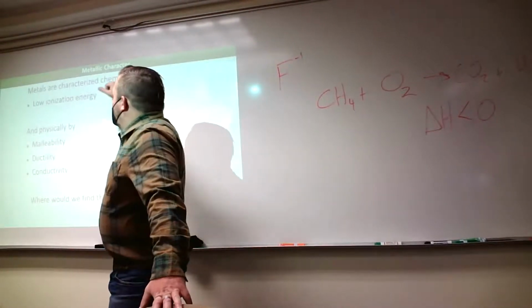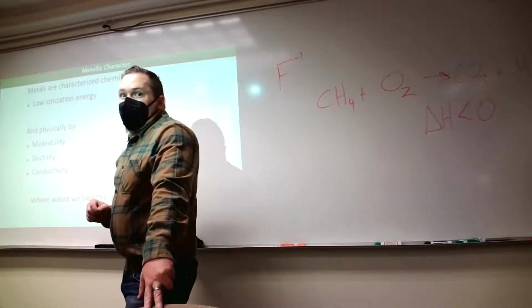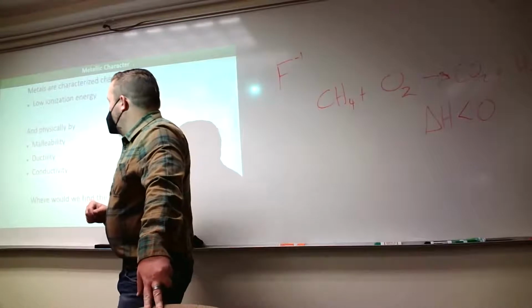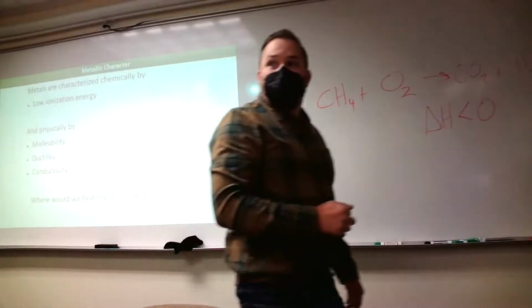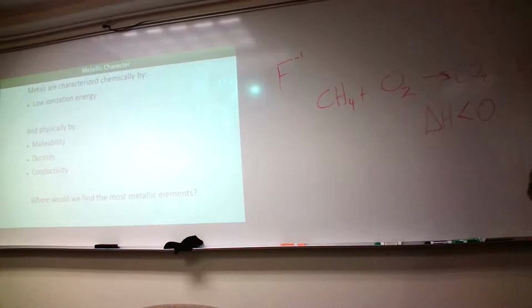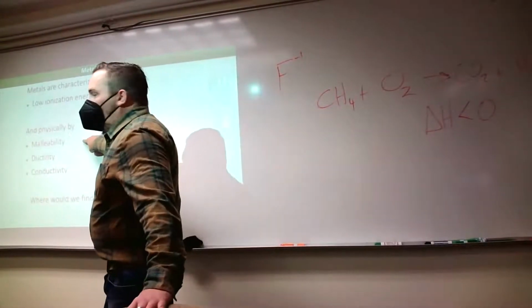So really, it's mostly based on that. And they're not the things you think of as being metals, actually. The most metallic elements are actually down over here. Sodium is actually more metallic than iron is because it has a lower ionization energy.